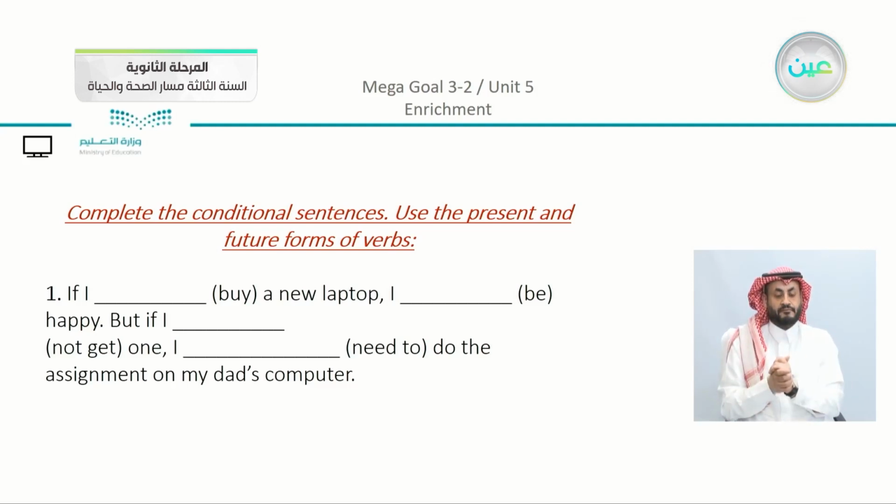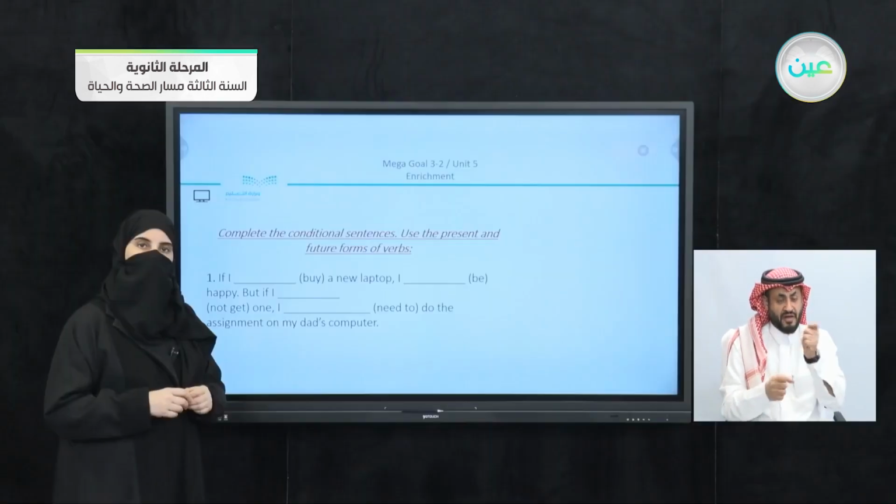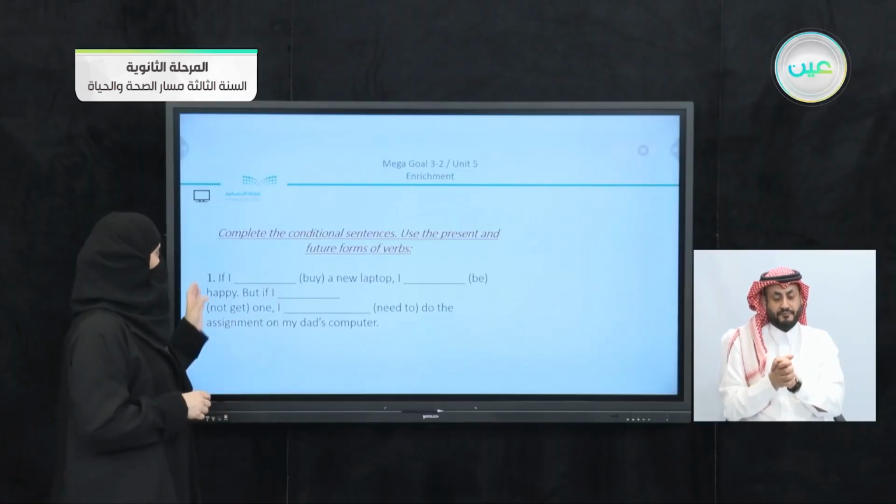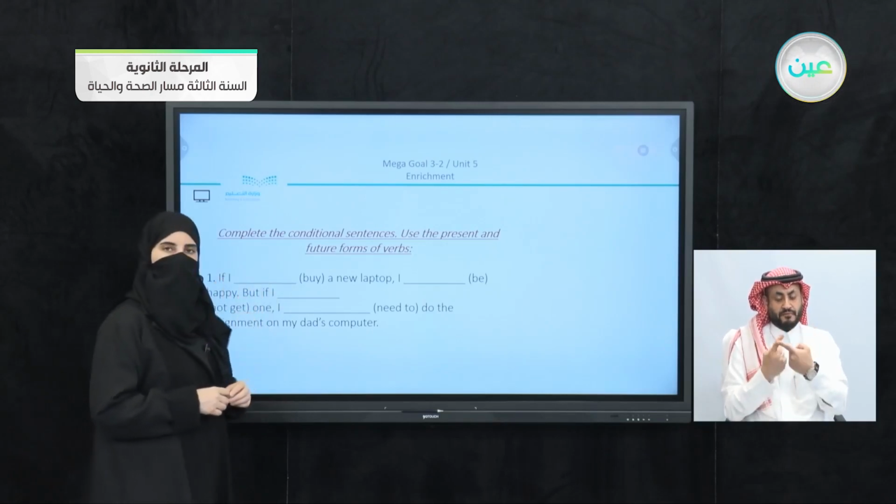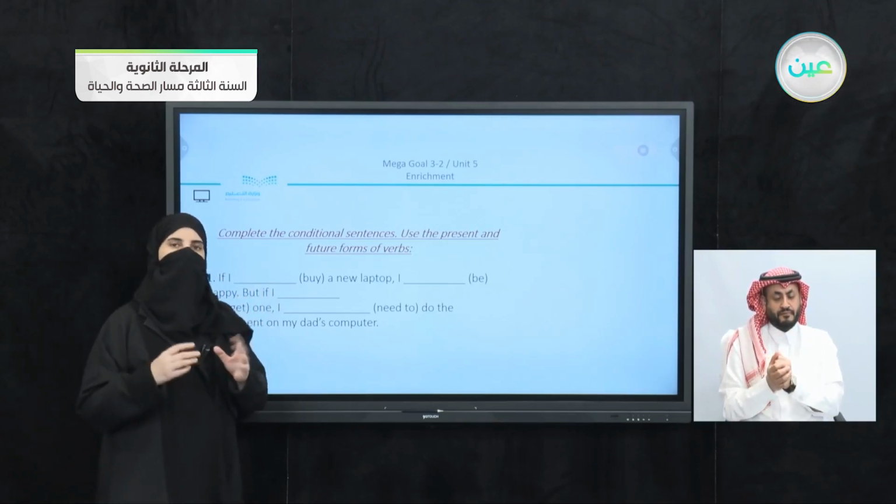In number 1, you can see: complete the conditional sentences. Use the present and the future forms of verbs. So you are going to either use the present simple or will plus the base form. They have some verbs between parentheses here. You can see that we have, if I buy a new laptop. Let's stop here.